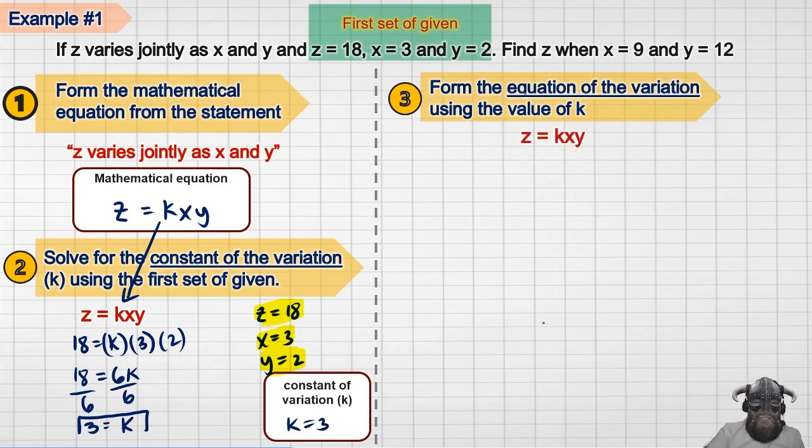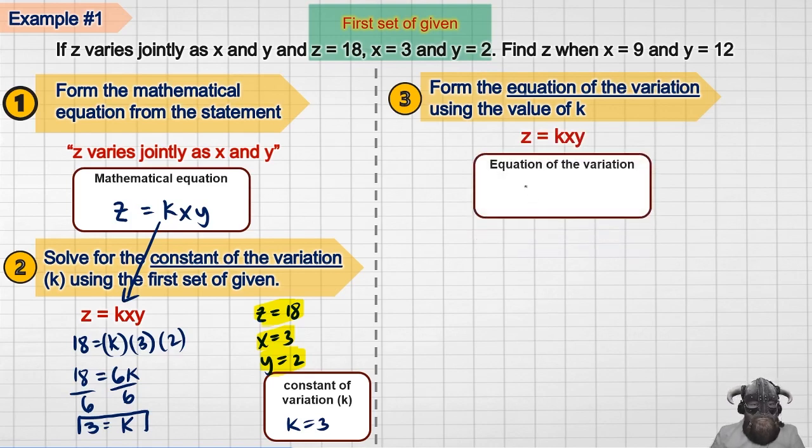So once again, our mathematical equation will be z is equal to kxy, but this time, papalitan natin yung k natin ng 3. So this will be z is equal to, so yung 3 na yan, ipapalit natin kay k. So magiging 3xy. So ayan na yung ating working formula or yung tinatawag nating equation of variation.